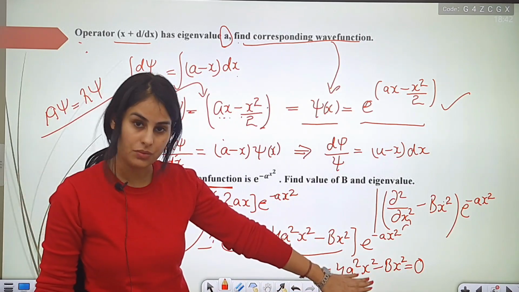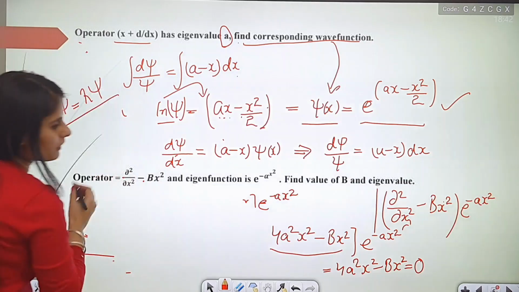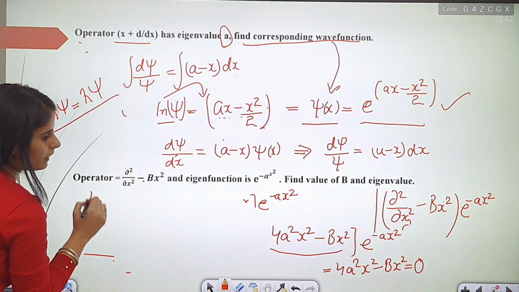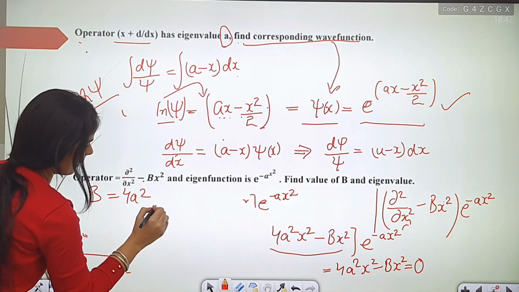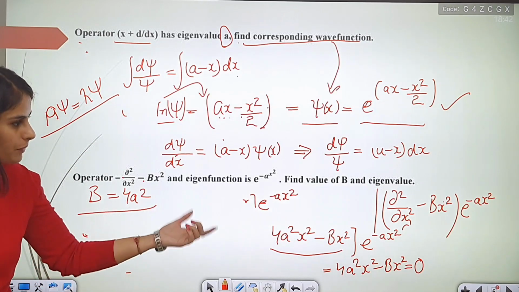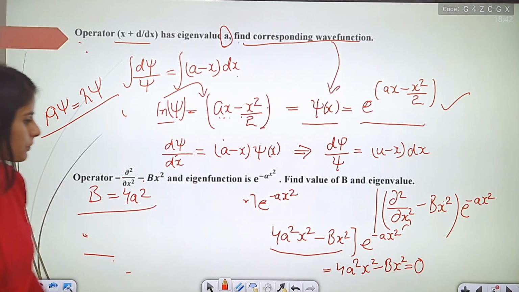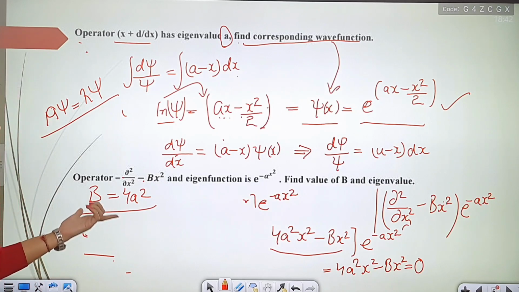From this equation we can find the value of b. So here our b is equal to 4a square, right?